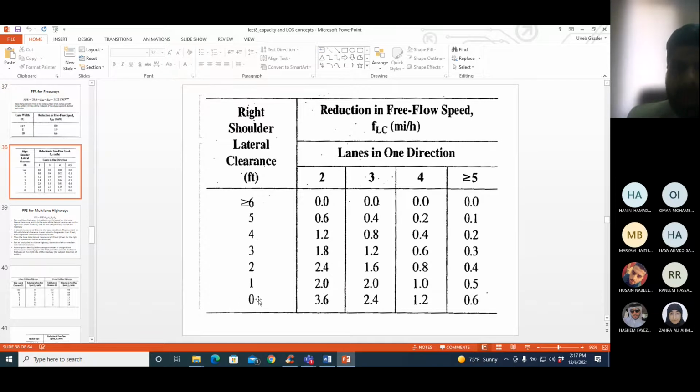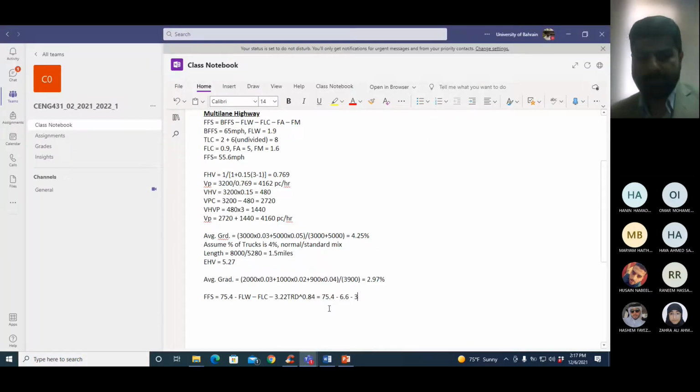So this row, and I have 2 lanes in one direction, so the first column, factor is 3.6. Minus TRD, total ramp density, is given as 5 per mile. 0.84 is the power. So tell me the free flow speed here.